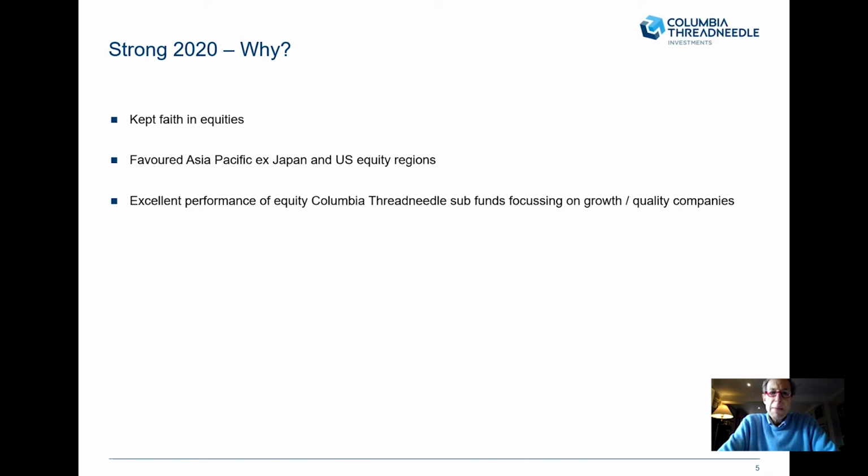So that was good. But very importantly, that last bullet point, we had some excellent performance in our regional equity funds at Columbia Threadneedle, largely due to focusing really carefully on companies of quality that could show growth in a difficult environment.